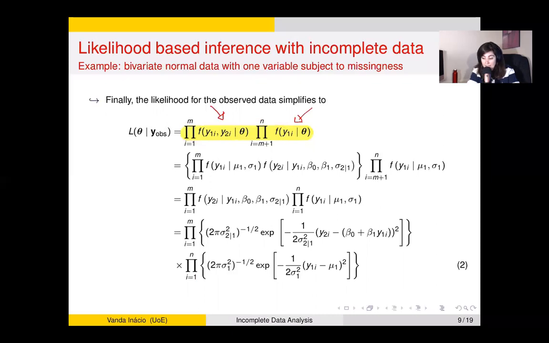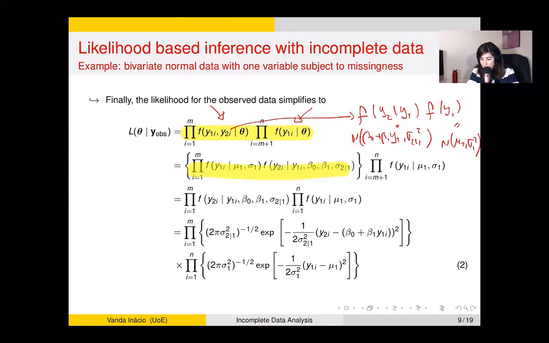But now, because I can write this as f of y2 given y1 times f of y1, and I know that this is normal with mean beta 0 plus beta 1 y1 and variance sigma 2 given 1 squared, and this is normal mu1, sigma 1 squared, I can replace the joint by the factorization of the conditional and the marginal, and this is what we had from here. This is this part, and this is this part.